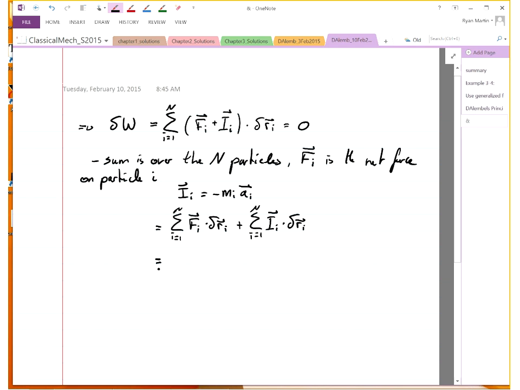Now the first term here we've already dealt with. That's the total virtual work of the applied forces, and we know that we can write that as the sum from j equals 1 to lowercase n of a generalized force Q_j and a delta q_j.